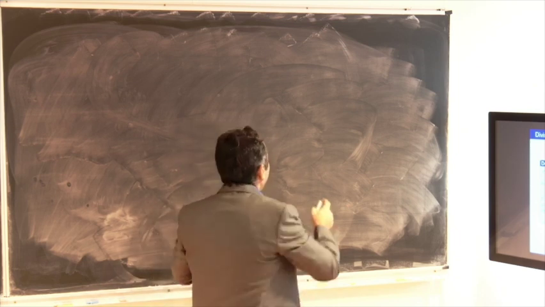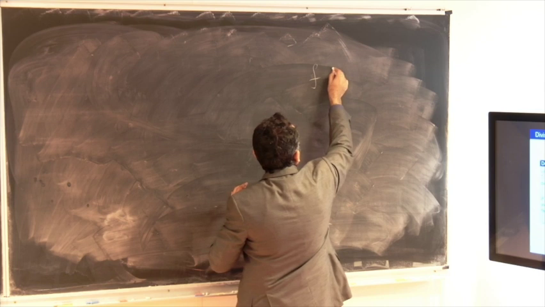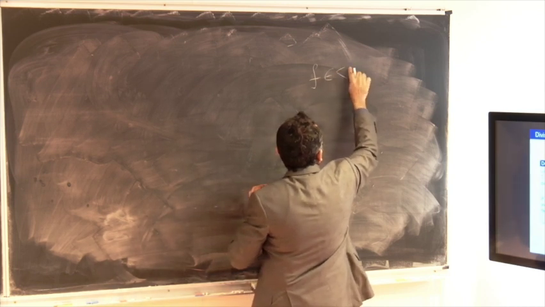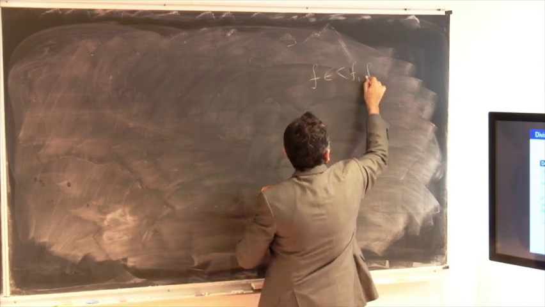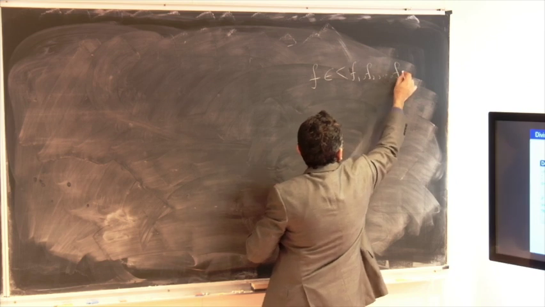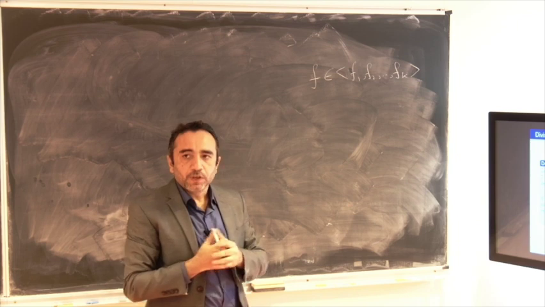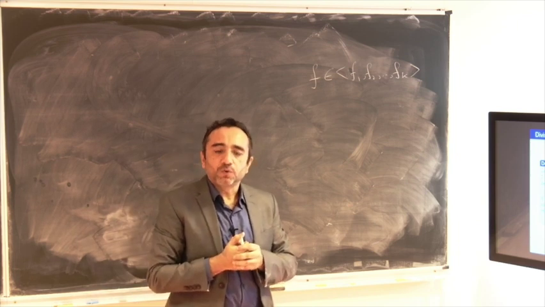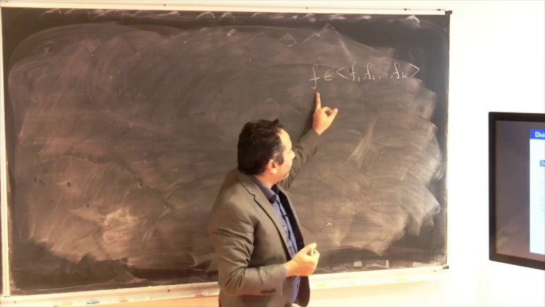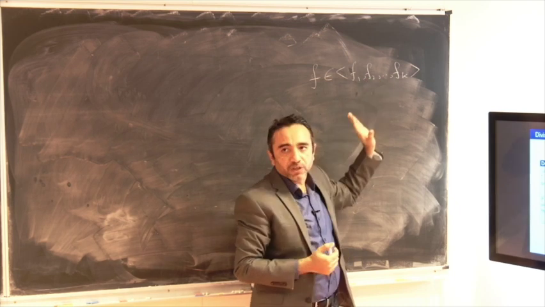Okay, so what we were looking for, we want to see whether this f is in the ideal f1, f2 and so on up to fk, for example, or not. So what we are going to do is divide this f with f1, f2, fk.